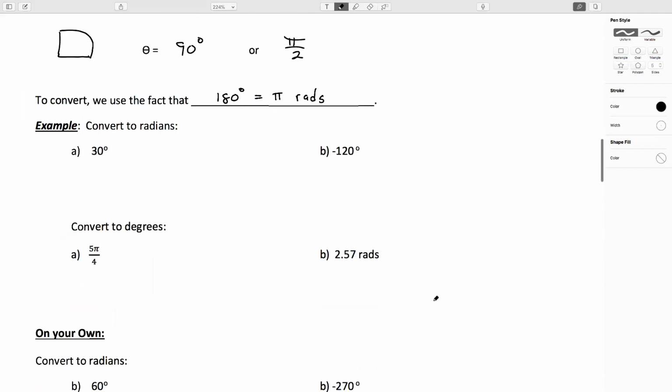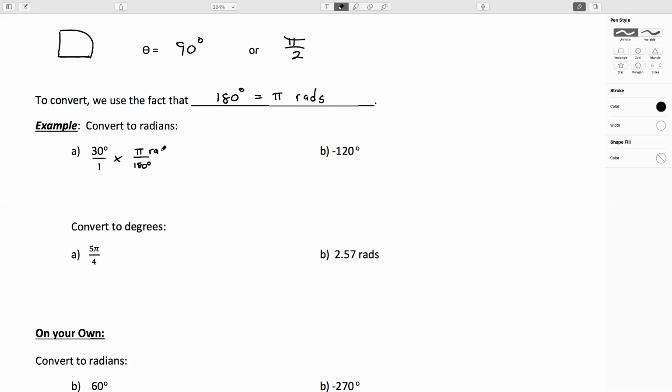So let's go through some conversions. We have 30 degrees. What we're going to do is kind of like stoichiometry that you would do if you're taking chemistry, where you're converting units. We know the ratio is 180 to pi. We need to write the fraction so that our units cancel and we're left with the ones we want. So I'm going to go 30 degrees times pi over 180.